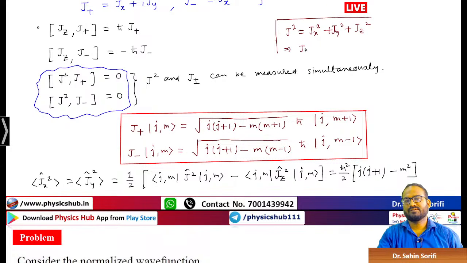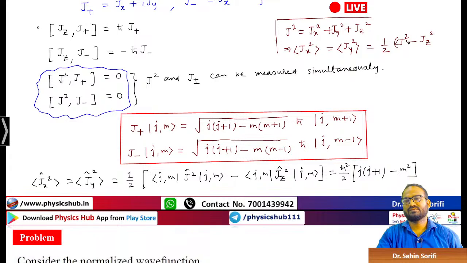It means Jx square, if I take Jx square average, which is equal to Jy square average, is nothing but half times J square minus Jz square.